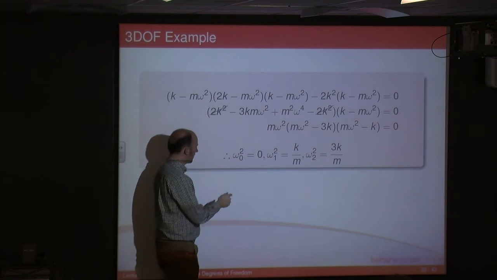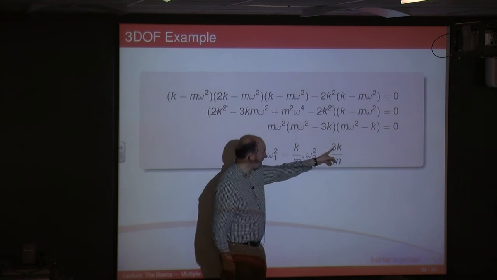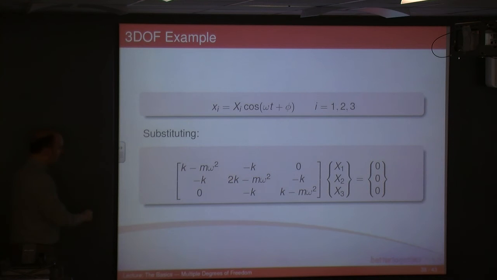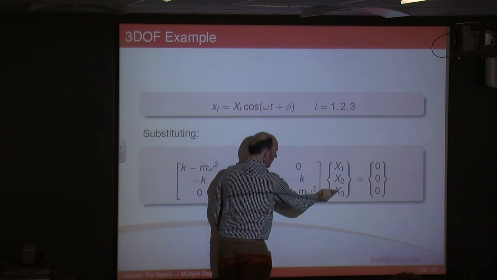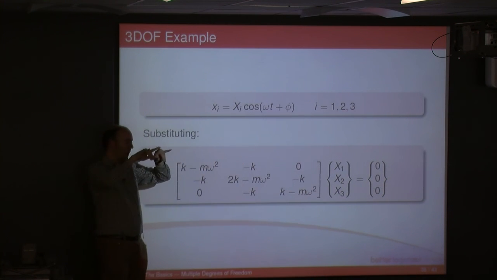And so we end up with 3 natural frequencies: 0, K upon M, and 3K upon M. By definition it's a semi-definite system, so the first mode must be 1, 1, and 1. If you stick in 0 and solve for these 2 values, when this is 1, you end up with 1, 1, and 1, and that makes sense: all 3 masses are moving around with no oscillation.